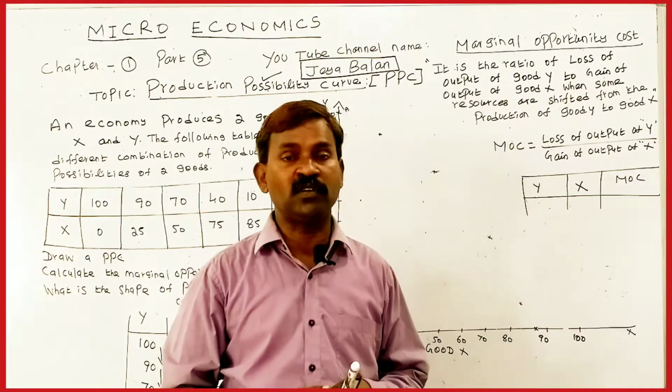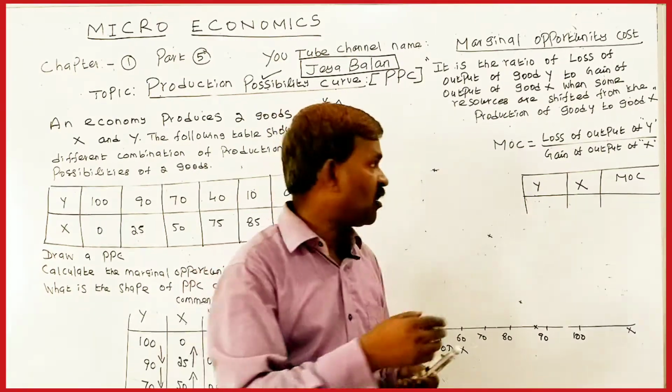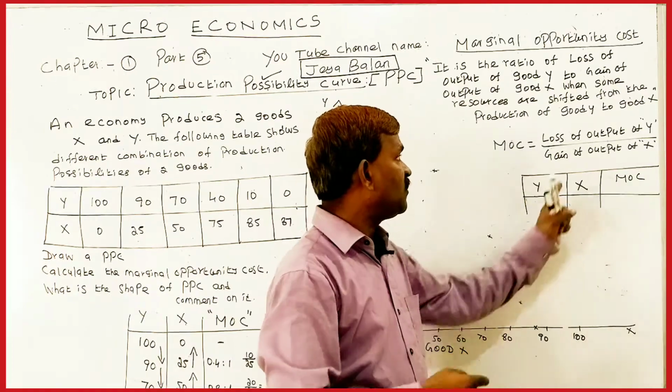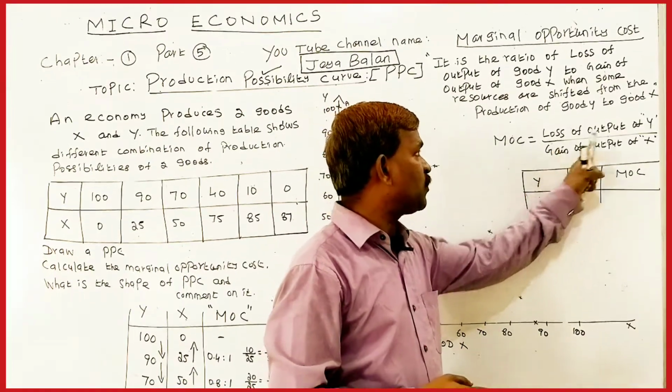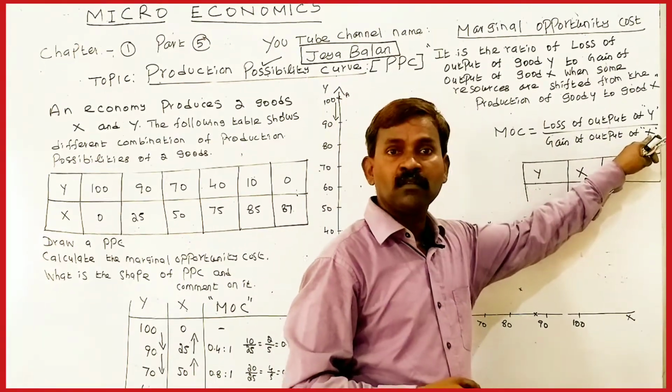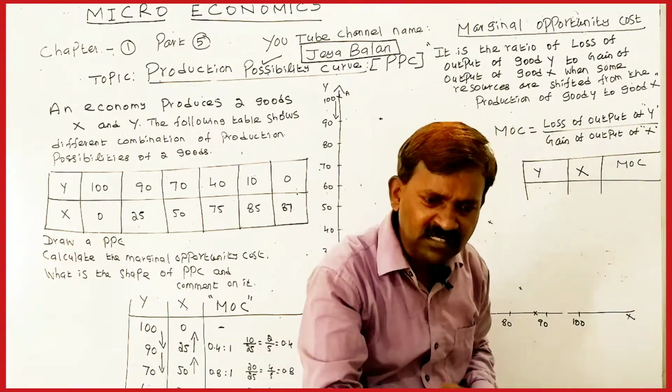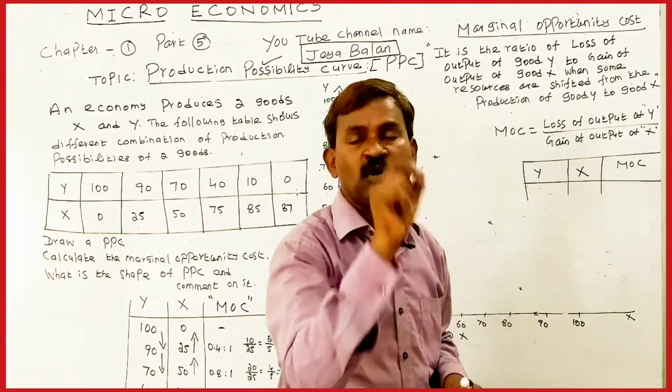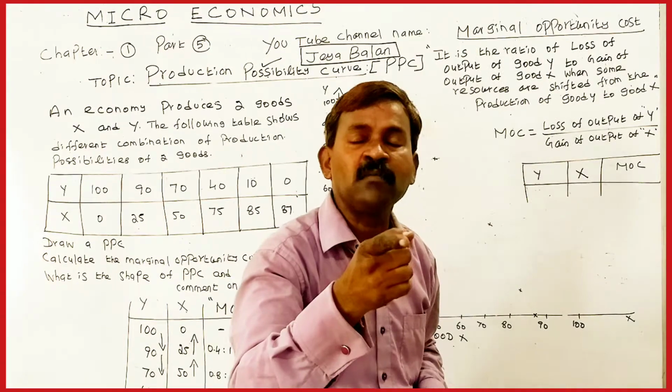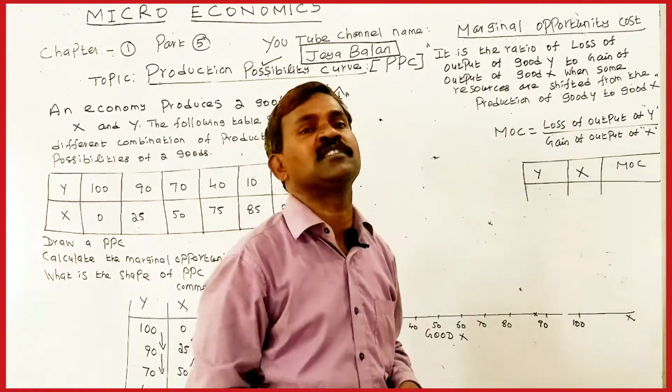In that situation, if the economy wants to increase the production of one commodity, the economy must sacrifice the production of another commodity by some number of units.